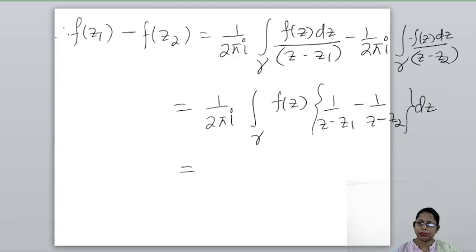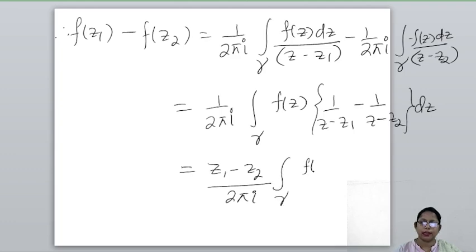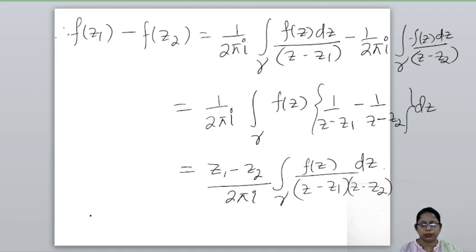Since the integration is with respect to z, this constant can be taken out. So f(z1) - f(z2) = (z1 - z2)/(2πi) times the integral over gamma of f(z) dz/((z - z1)(z - z2)). Call this equation 1. Now take the modulus on both sides.